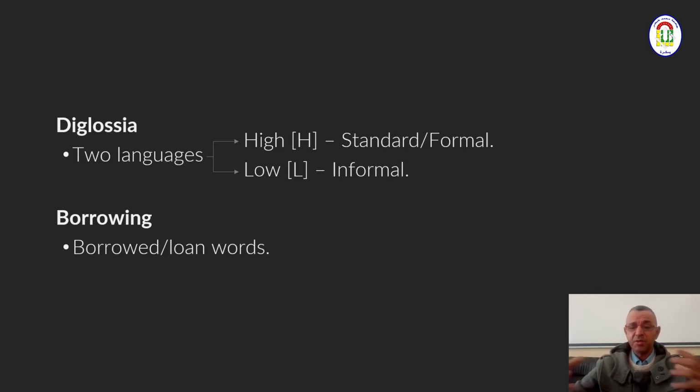Generally, because of this, there is a dominant language and a non-dominant language, and there is a shift of words and expressions from the dominant language to the non-dominant language.